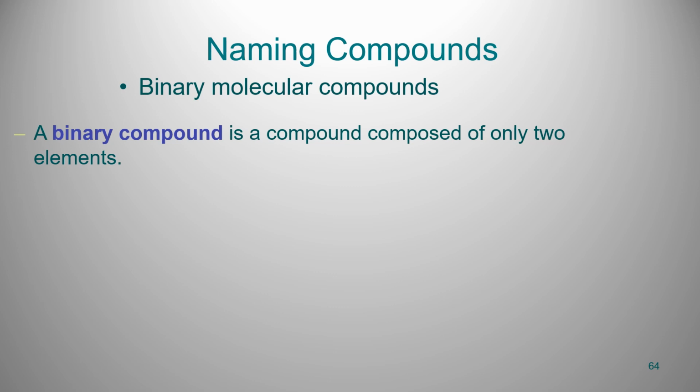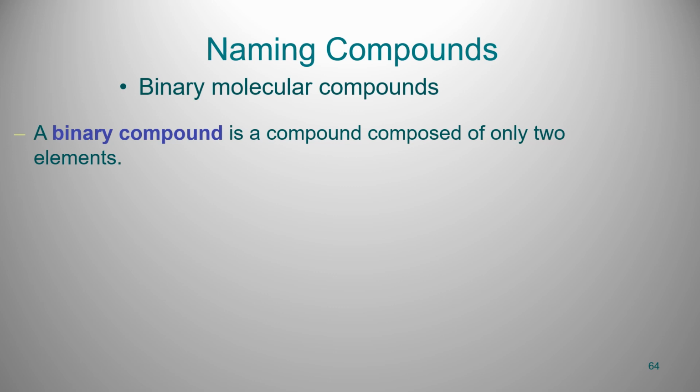Okay, so we're nearly at the end of this chapter, but now we're going to switch gears into the non-ionic compounds. So let's just refresh. Binary just means 2. So binary compounds only have 2 elements.